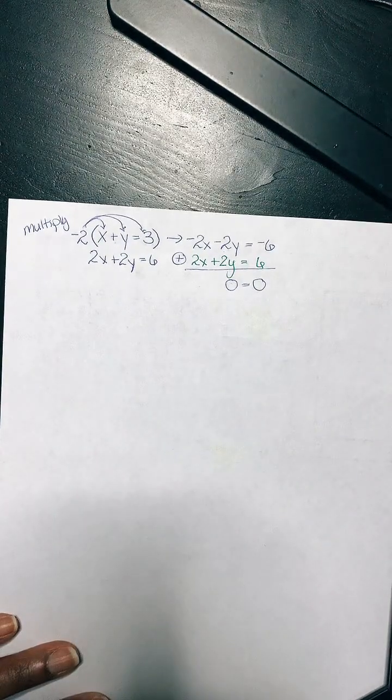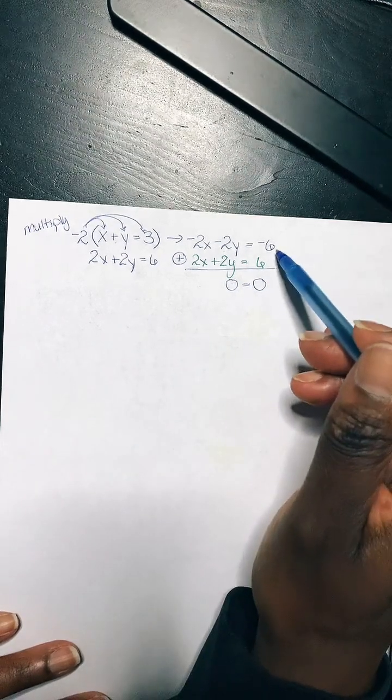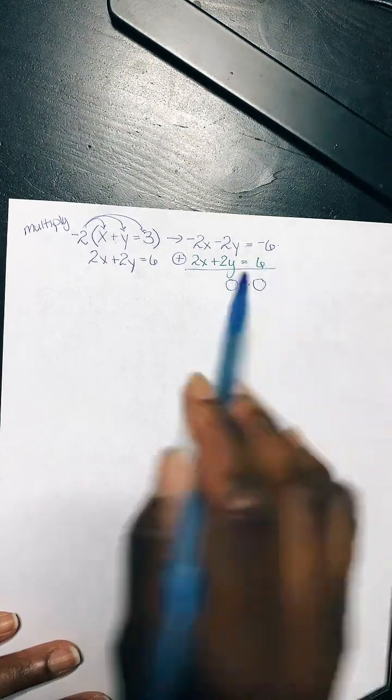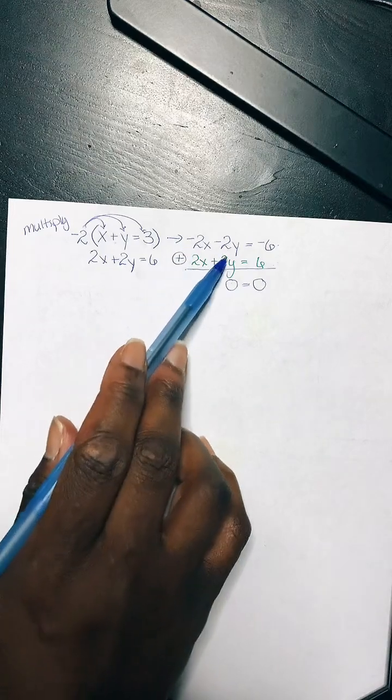Okay? So, what was your name? Noah. So Noah, what type of solutions do we have here? Because Noah's saying that these are exactly the same lines. Because you notice we got basically the same information, but one's positive and one's negative.